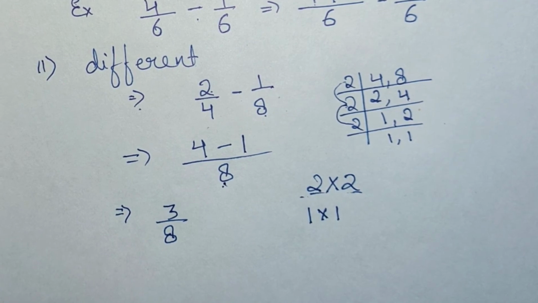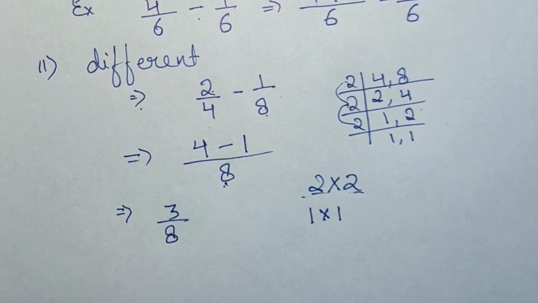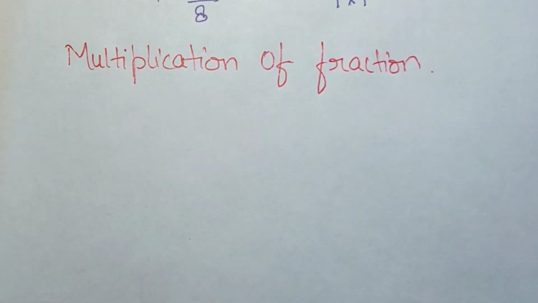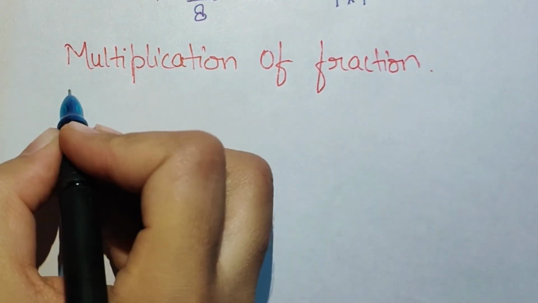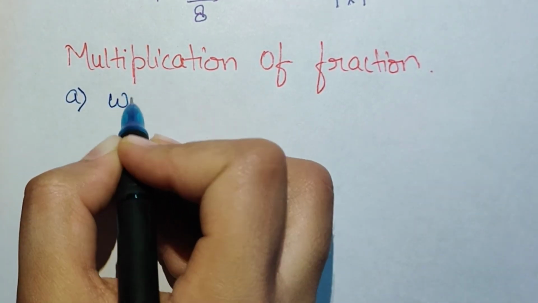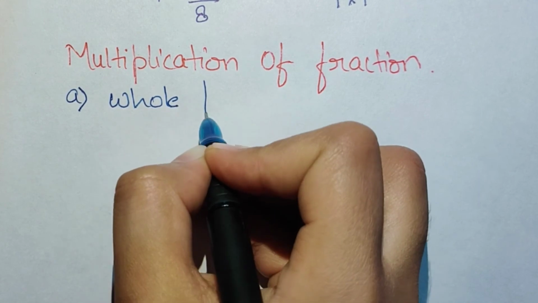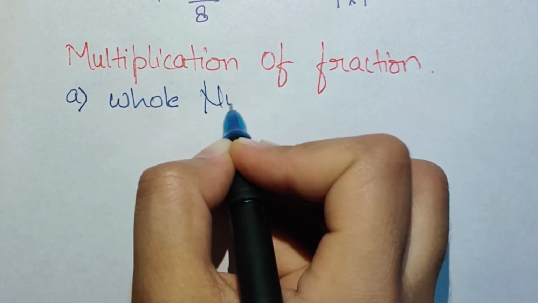Now our next topic is multiplication of fractions. So first will be multiplying the fraction with the whole number. So first we'll learn how to multiply a fraction with whole number.